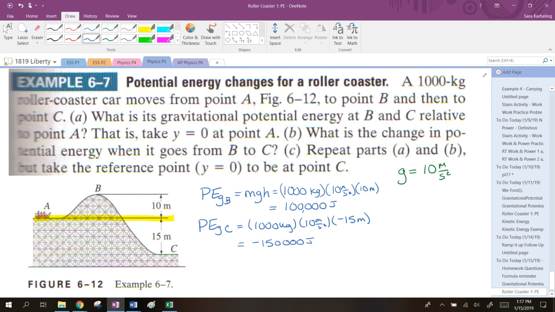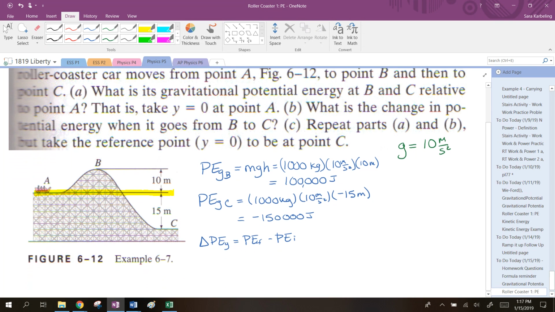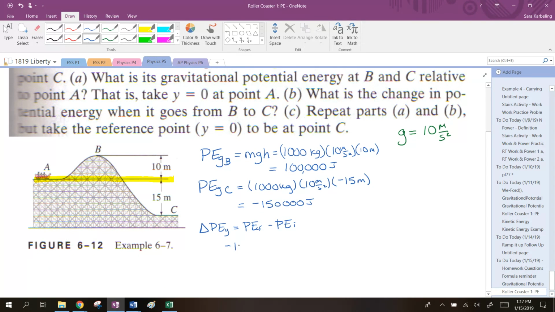Okay. Part B says, what is the change in potential energy? We're literally just going to calculate the change in potential energy. Change in potential energy means final minus initial. So that literally just means negative 150,000 minus 100,000.